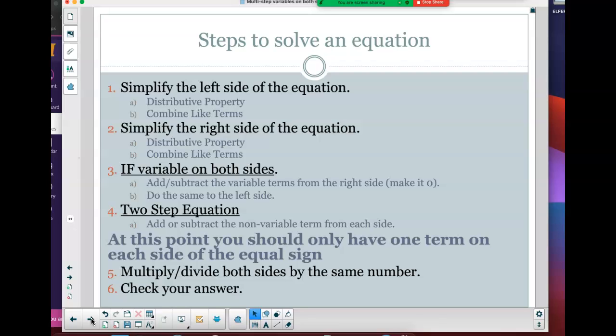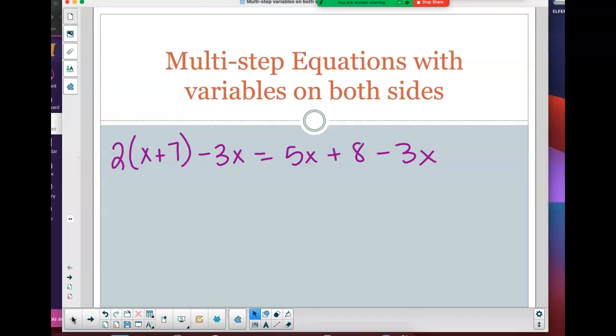We have to get rid of the variable from one side, move it to the other side, and then we're down to a two-step equation. If we are not really good at solving two-step equations at this point, we have been doing them every single day because every single problem we get to becomes a two-step equation. Okay? And then we're going to finish by multiplying or dividing on each side and just double checking that our answer is correct.